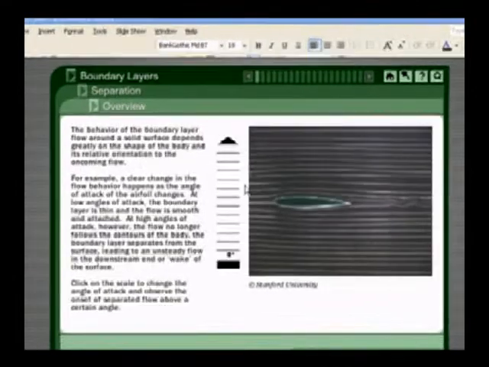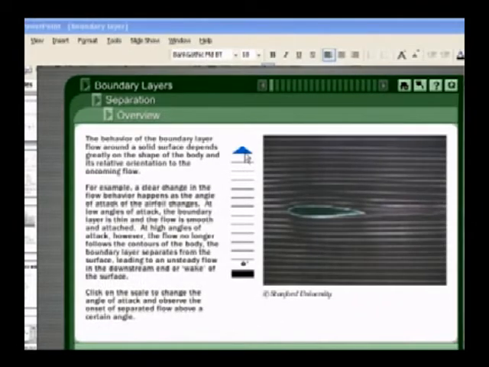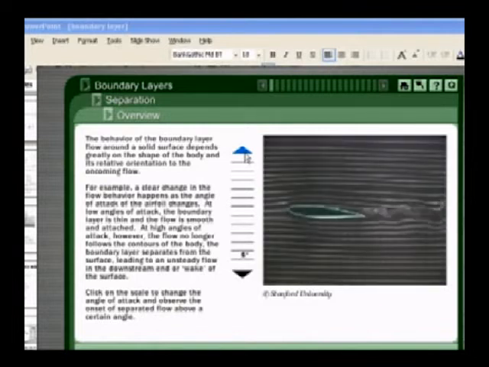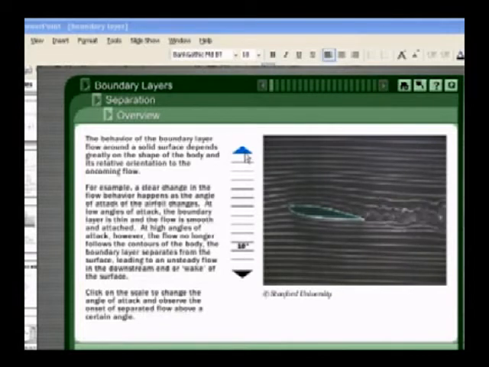When we have a flow, you can visualize the shape of the flow, and if we change the angle, we can visualize what happens to the flow. On the downstream side, we are visualizing some eddies formation, which is known as wake.